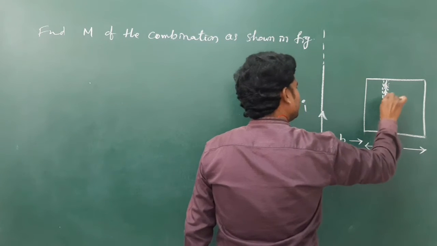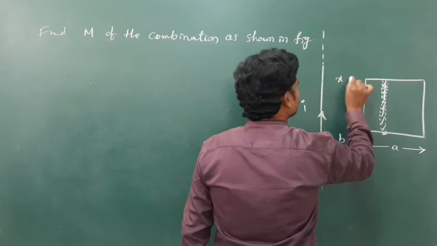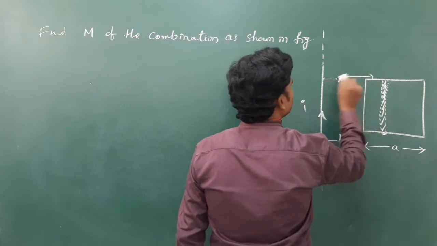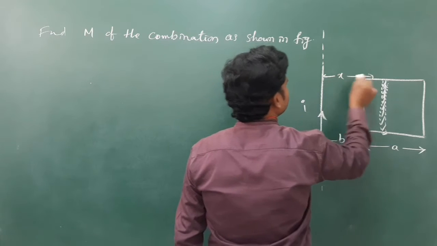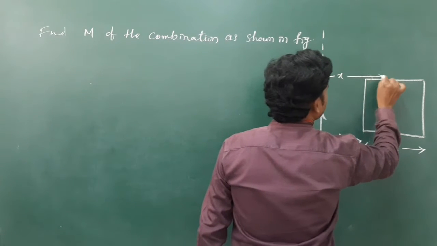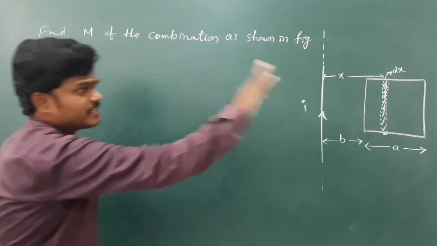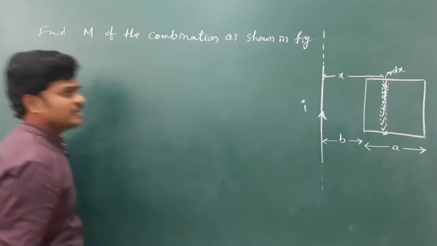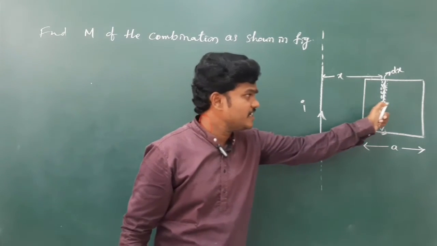Let me take a small region at a distance x, with thickness dx. Here the flux varies because the field varies. Nearer to the straight wire, the field is strong; farther away, the field decreases.